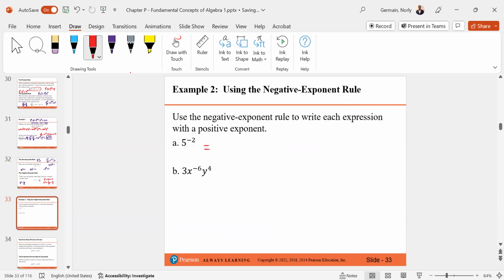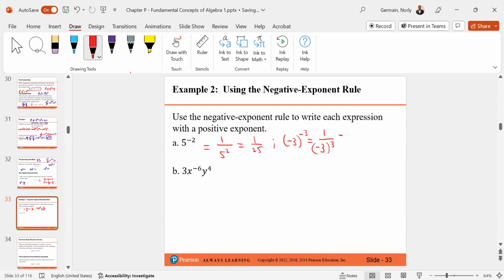For example, use the negative exponent rule to write each expression with a positive exponent. All right. So what we can do with that one is 1 over 5 power 2 positive. We make sure that we write it as 1 over 25. If you have negative 3 power negative 3, we need to do 1 over negative 3 power 3.